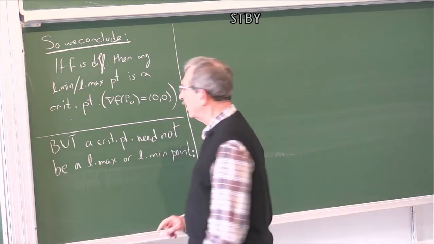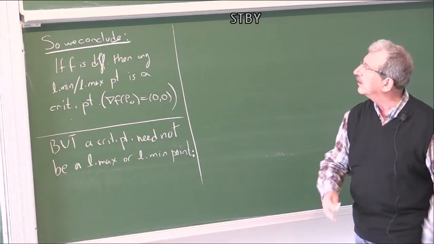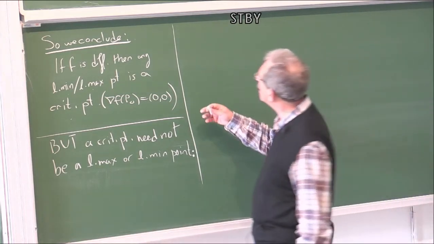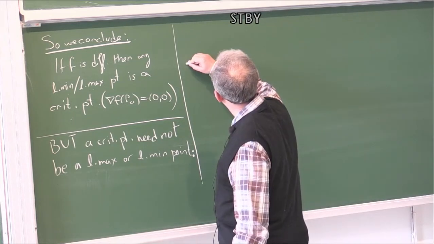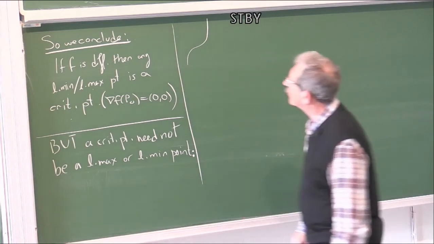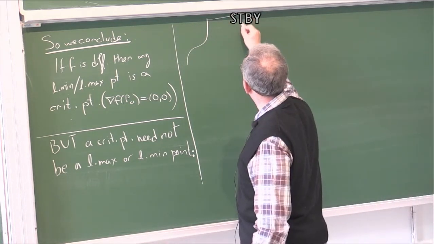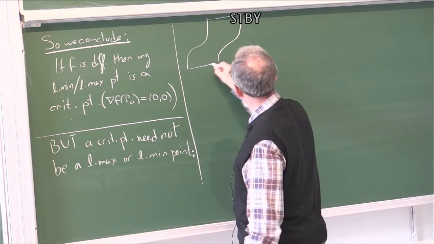We can see this pictorially. For example, suppose we have the x cubed graph, but we shift it. So we obtain a three-dimensional version.